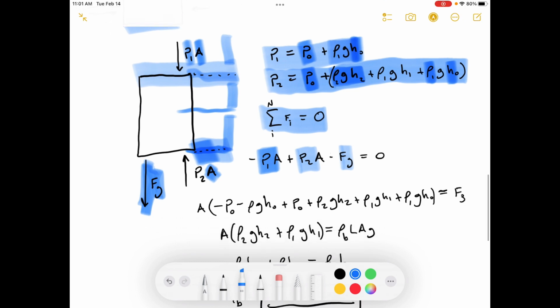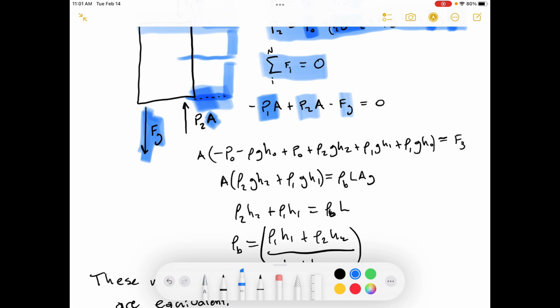Okay? And you have to make sure you multiply by the cross-sectional areas because force is pressure times area. So you have to multiply by the area that the pressure is working on in order to calculate the full force. Okay? So I'm going to pull the area out over here, and then I'm going to combine all these terms that we already solved for.